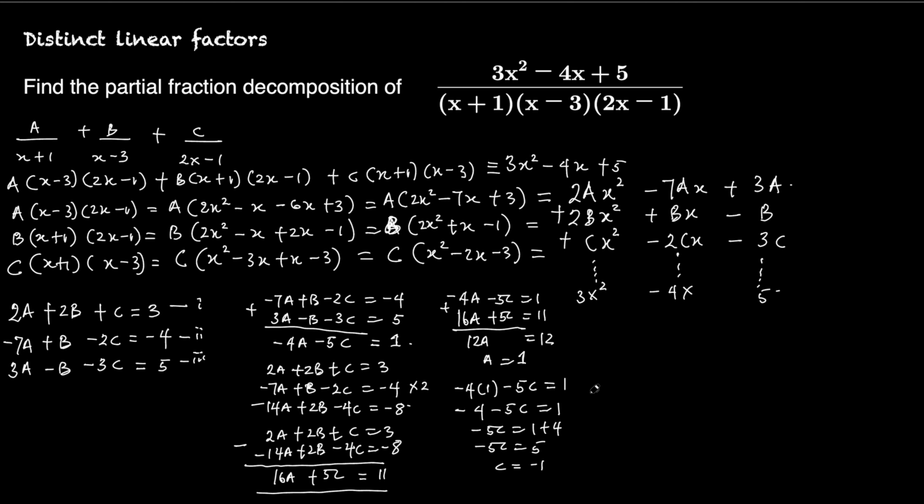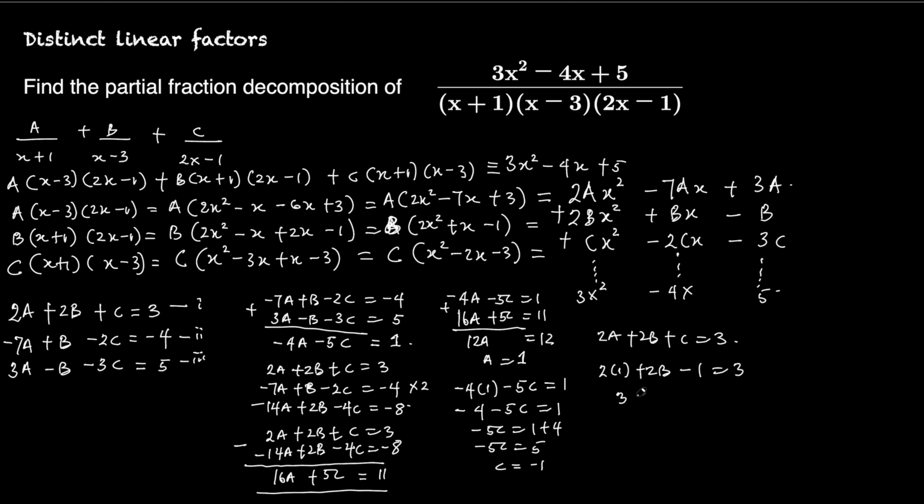So the last part is for b. We can take any of these 3 equations and plug in the values of a and c. I'm going to use the first equation again, 2a plus 2b plus c equals 3. And so a is 1, so 2 times 1, b is what we are looking for, and c is negative 1, equals 3.